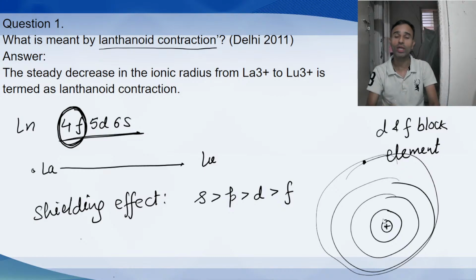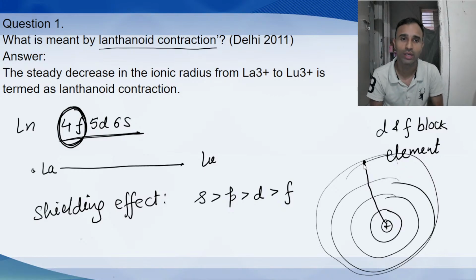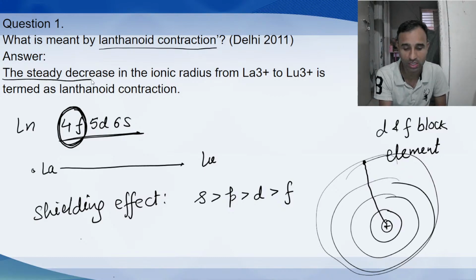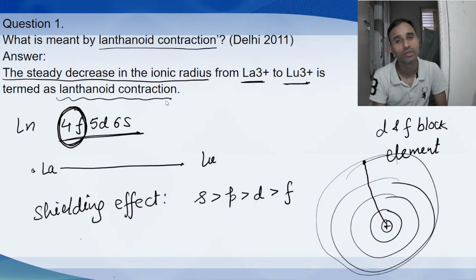So in lanthanoids, there is a filling of 4f. When electron is filled in F and shielding is poor, the effect of nuclear charge is more. And that's why there is a decrease in size along the series, but it decreases steadily. This steady decrease in ionic radius from lanthanum to lutetium is termed as lanthanoid contraction.